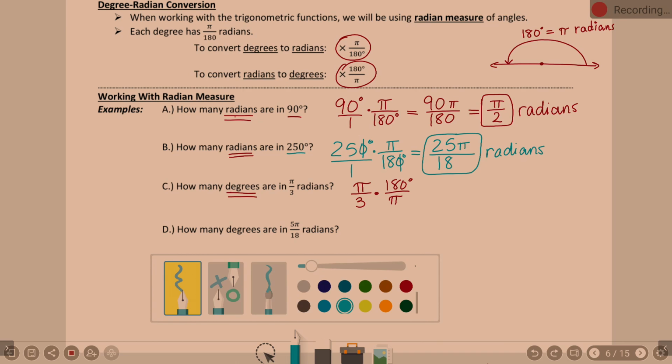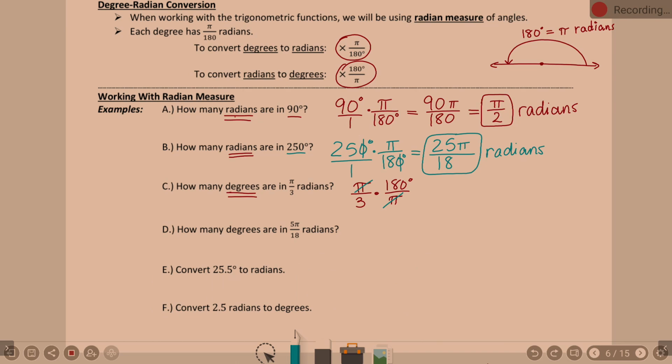Okay, your pi's cancel. You can go ahead and multiply, or my brain cross cancels. What do you know about 180 and 3? They both divide by 3. 3 divided by 3 is 1. 180 divided by 3 is 60. So we end up with 60 over 1, which is just 60 degrees.